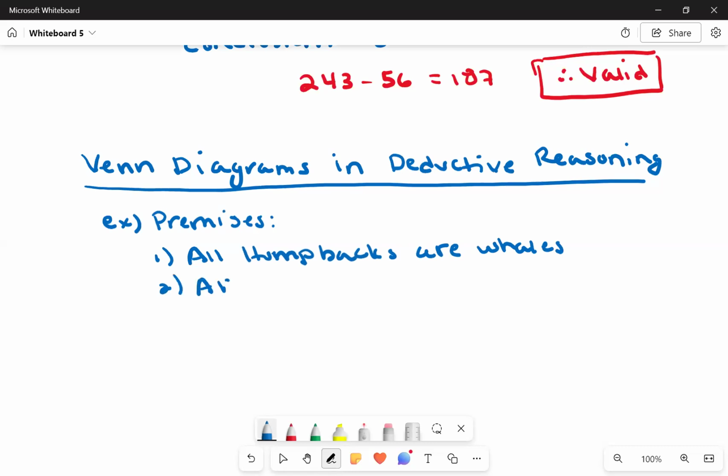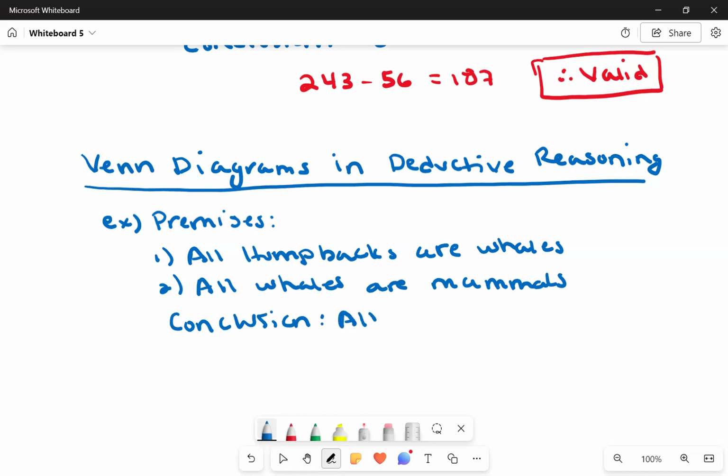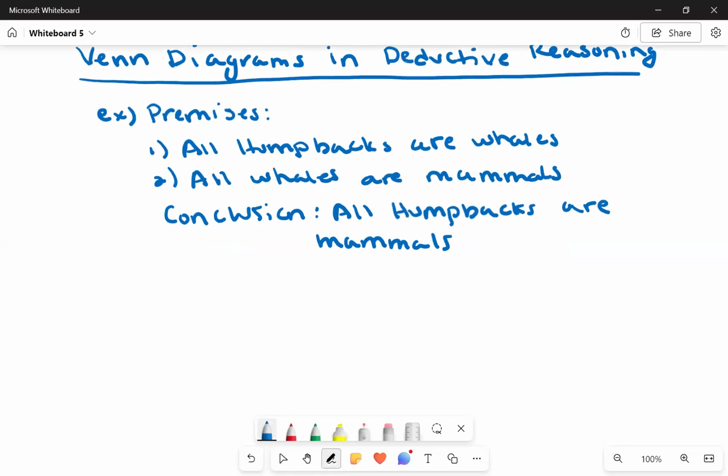All whales are mammals. So for the conclusion, all humpbacks are mammals. Now, that does seem like a good valid argument, but here's how we can prove it.